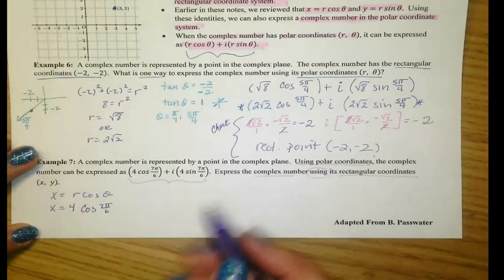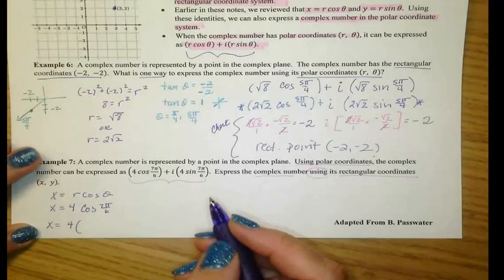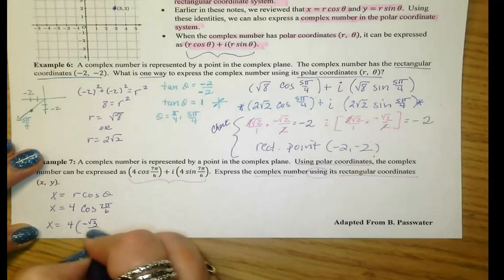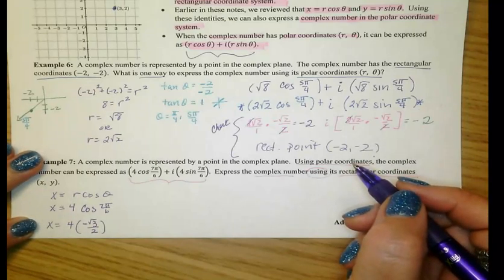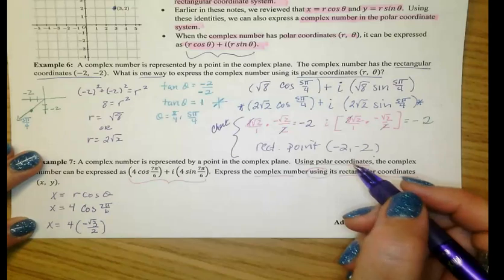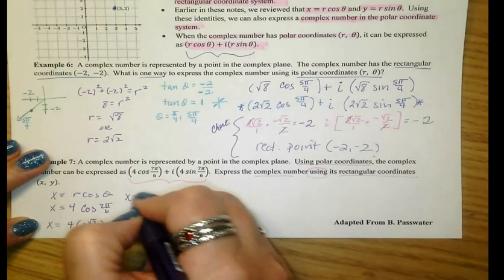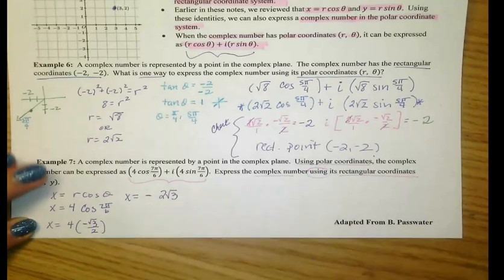So that's my setup there. And so x can equal 4 times, and the cosine of 7 pi over 6 is negative root 3 over 2. And so that's going to simplify, and leave me with 2 going into 4 2 times. So x is going to equal negative 2 root 3.